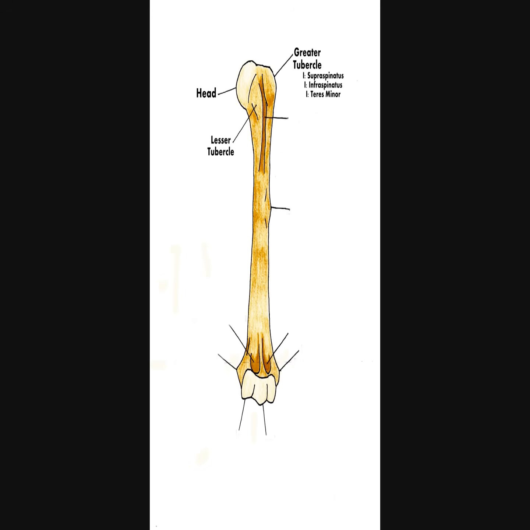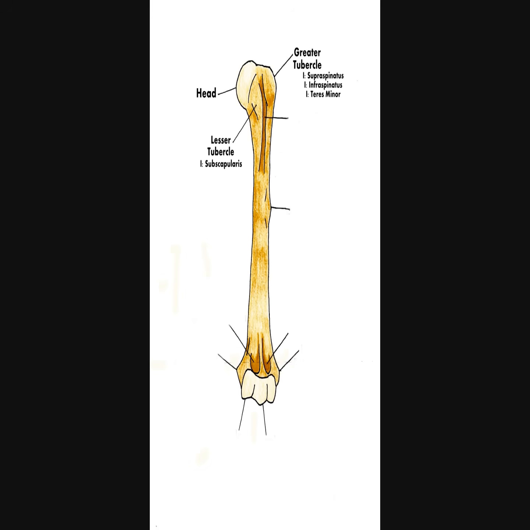This is the fourth rotator cuff muscle, the one muscle of the rotator cuff that we haven't talked about the insertion for. This muscle originates on the anterior surface of the scapula in the subscapular fossa. This muscle is the subscapularis. So three of the rotator cuff muscles insert on the greater tubercle, and one inserts onto the lesser tubercle.